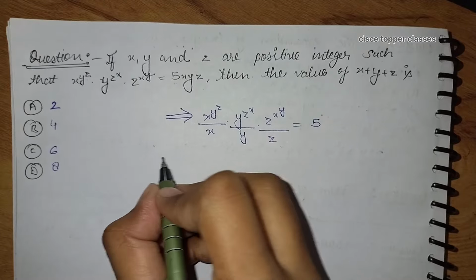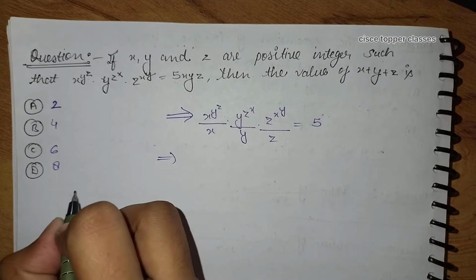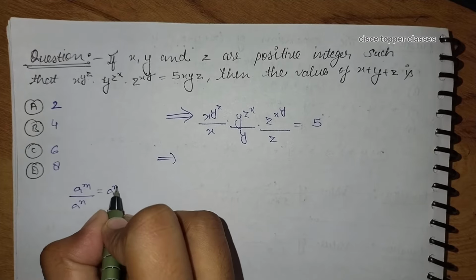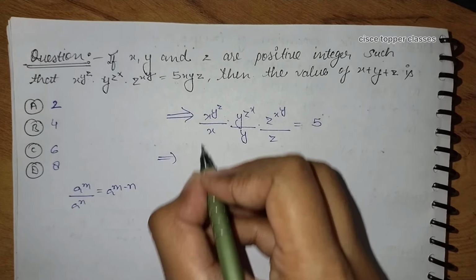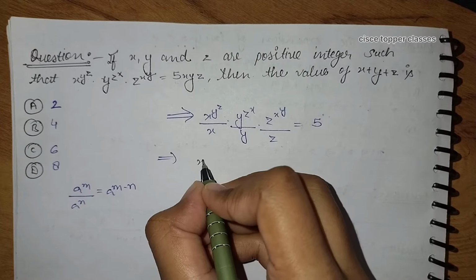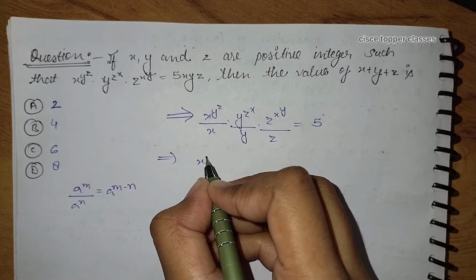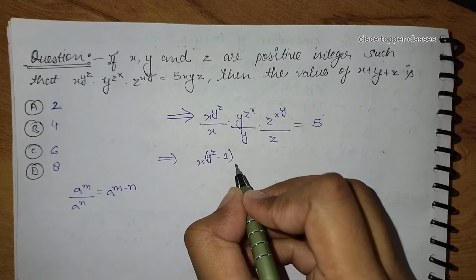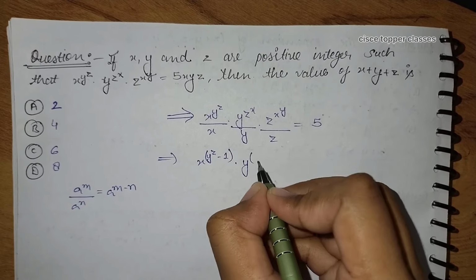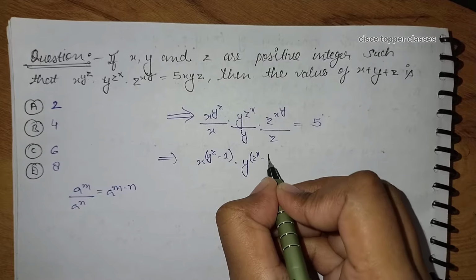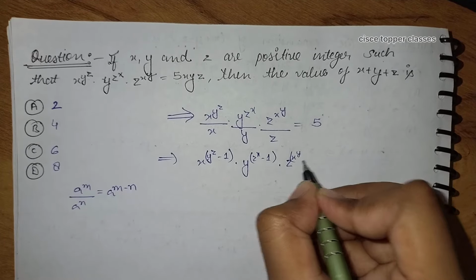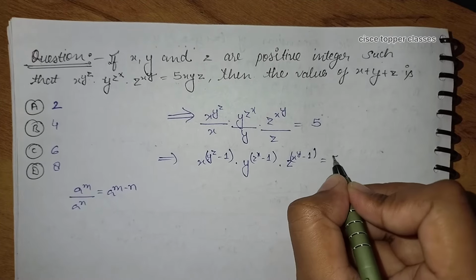If we write this with the power formula, we know a^m divided by a^n becomes a^(m-n) with the same base. So here also we use that formula: x^(y^z − 1) · y^(z^x − 1) · z^(x^y − 1) is equal to 5.